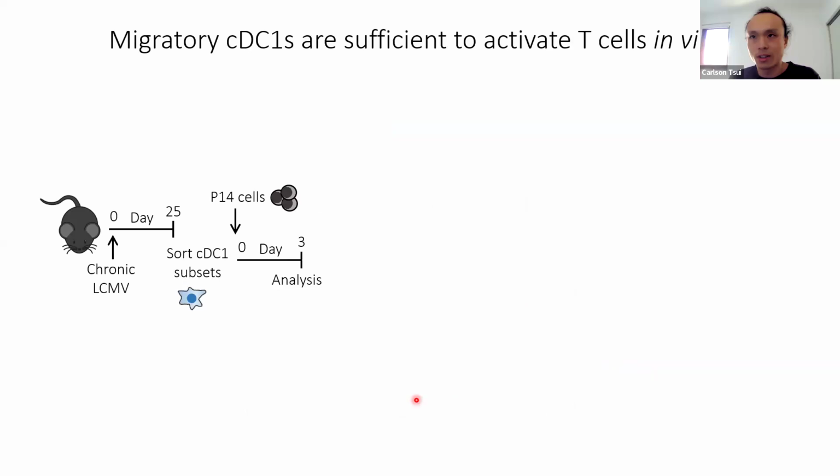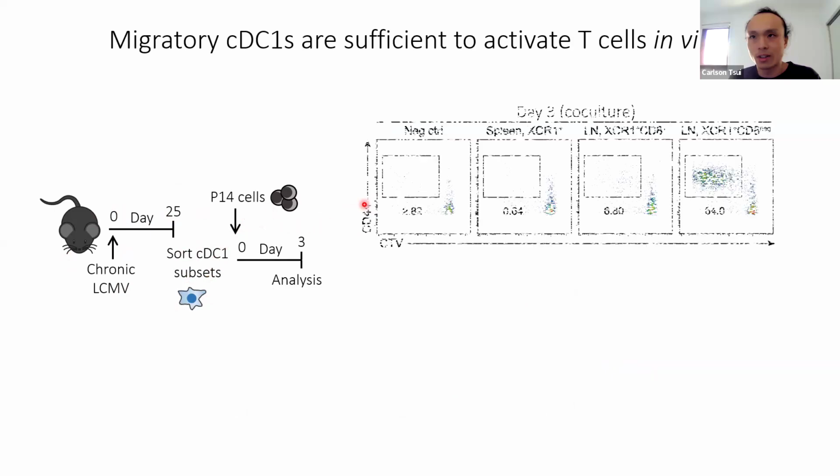We wanted to basically tease out whether migratory cDCs are really driving this. So what we tried was, we sorted different cDC1 subsets from mice infected with chronic LCMV, and we co-cultured these subsets of cDC1s with naive P14 cells to see which subsets were able to activate the P14 cells.